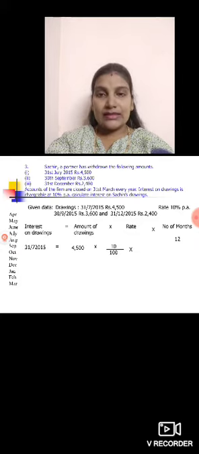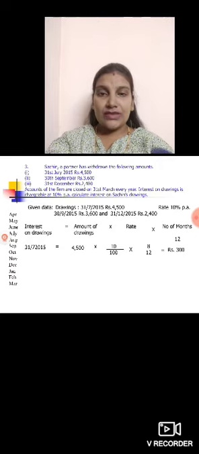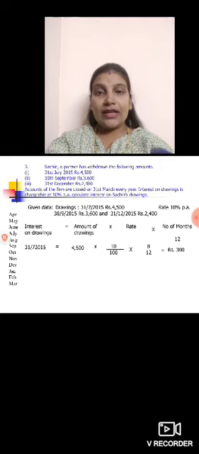Now 31st of July means you should count the number of outstanding months from August, because 31st is the last date of July. For July you are not supposed to collect any interest. So August, September, October, November, December, January, February and March. How many months will you get? 8 months. So 8 divided by 12. So how much interest will you get on the first withdrawal? 300 rupees.